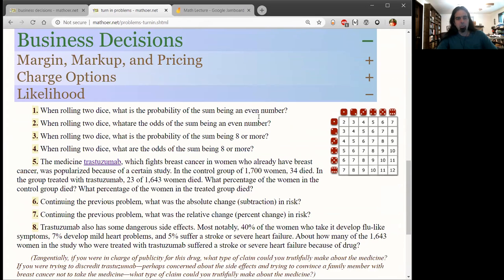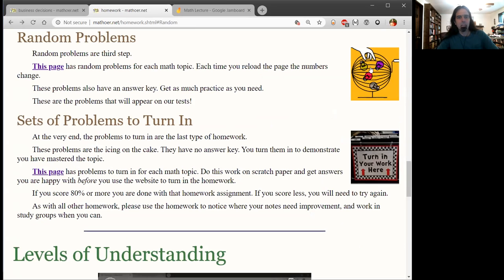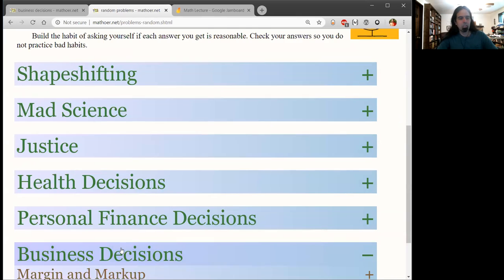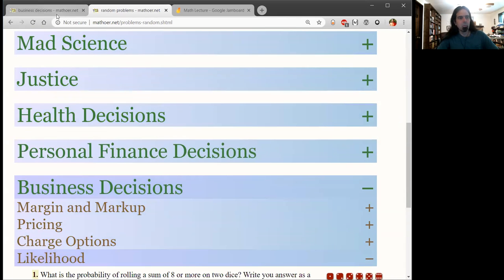The even numbers, 8 or more, but very, very similar. Okay, so I'm going to leave this on random problems, but go back to our topics.